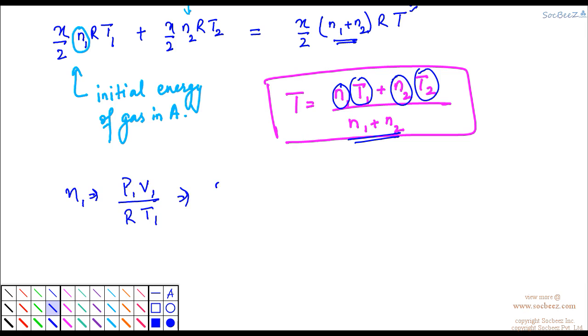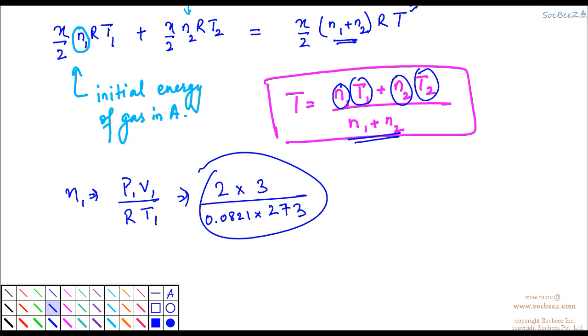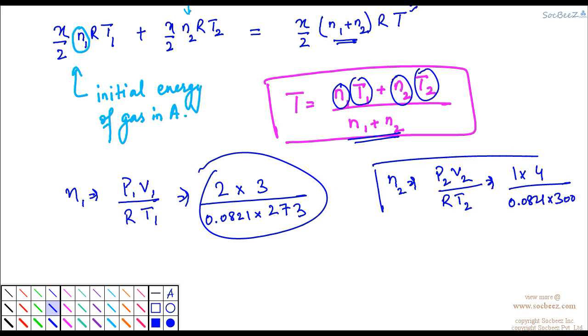Pressure was 2 atm, the volume was 3 liters, R is 0.0821, into temperature, that was 273 kelvin. So N1 is this. N2 would be P2 V2 upon R T2. Pressure was 1 atm, into volume 4 liters, upon R, 0.0821, into 300. This would give us N2.